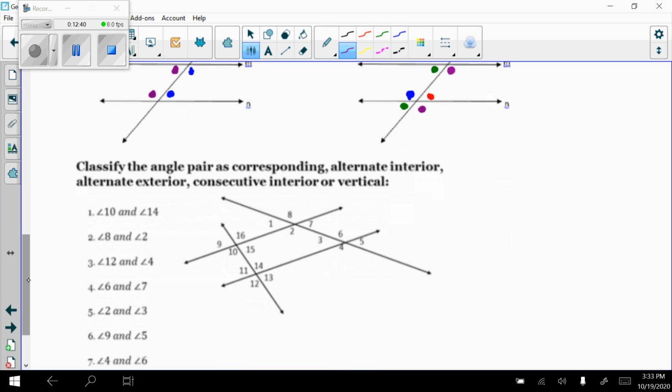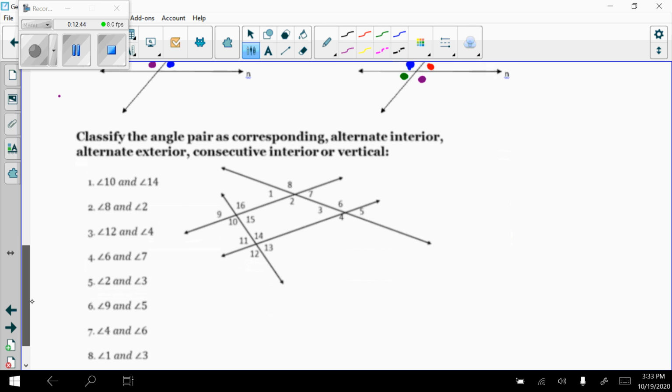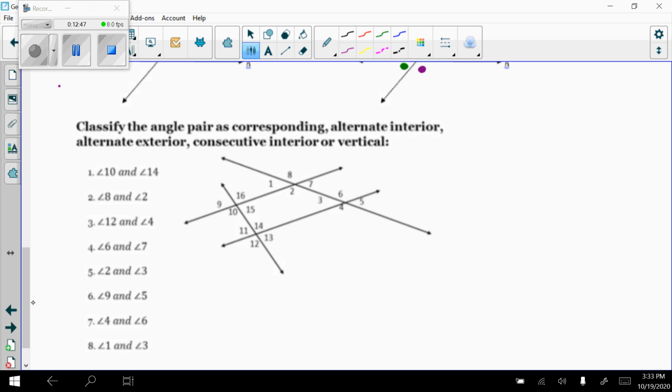All right, so now we're going to classify the angle pairs as either corresponding, alternate interior, alternate exterior, consecutive interior, or vertical. Remember our vertical angles as well. So let's first look at angle 10 and 14.